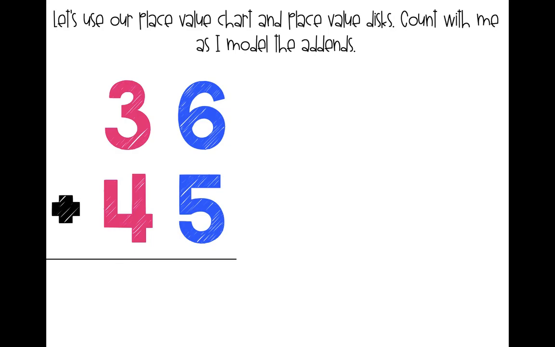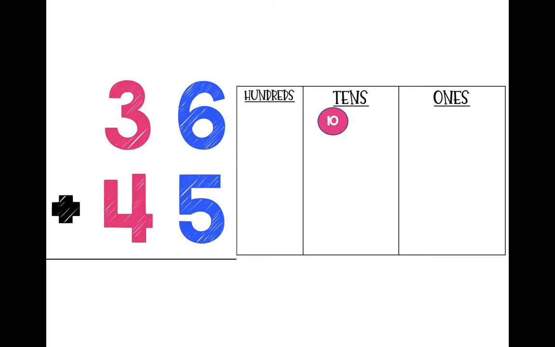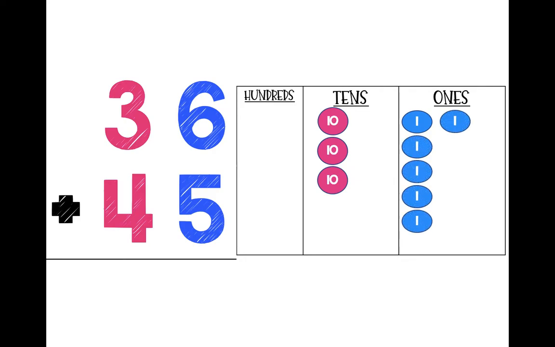We're going to draw our place value chart and place value discs to show this problem. Count with me as we model our addends, or the numbers we're adding together. 10, 20, 30, 31, 32, 33, 34, 35, 36. We've shown our first number, 36.